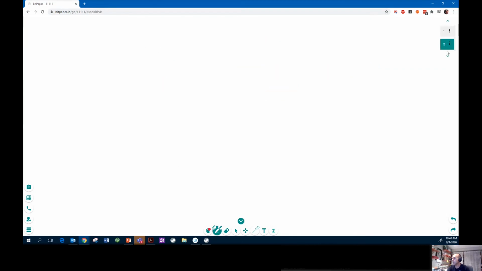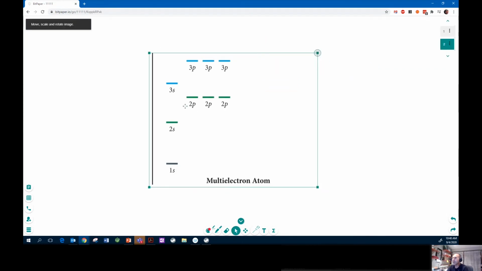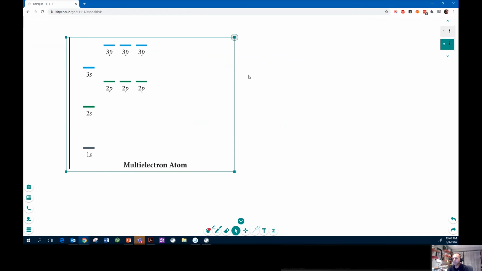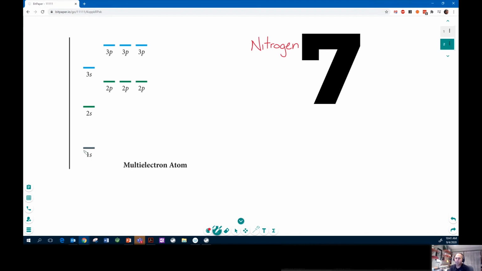Now, if I were to look at something that has more electrons in it, it may get a little more complicated. Like, for example, let's take something like nitrogen. So nitrogen has 5 electrons. Really, the way I do this is 1, 2, 3, 4, 5.